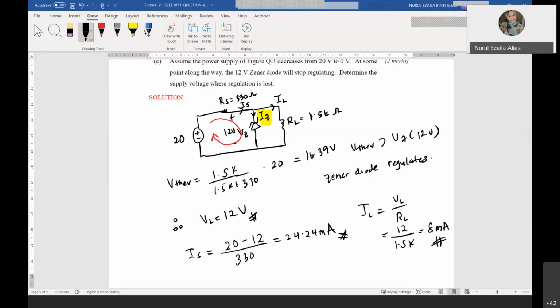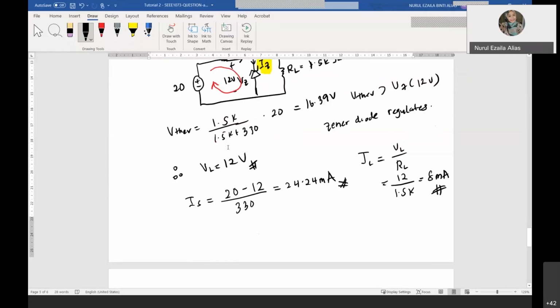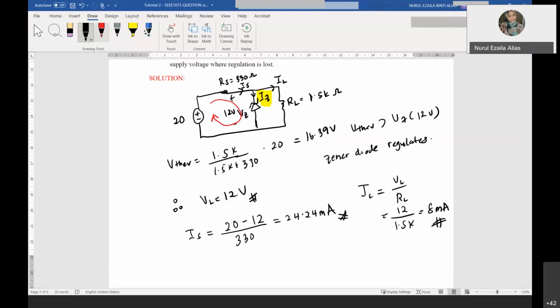So you have these two values. How to find IZ at this particular KCL? IS is equal to IZ plus IL, so IZ is IS minus IL.